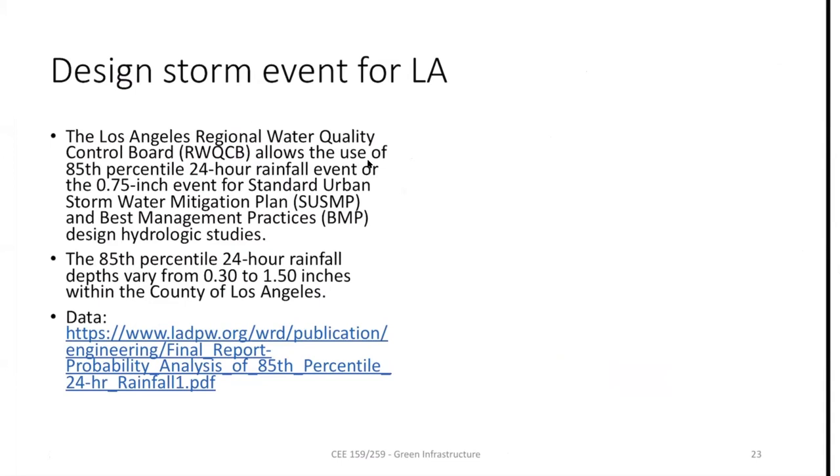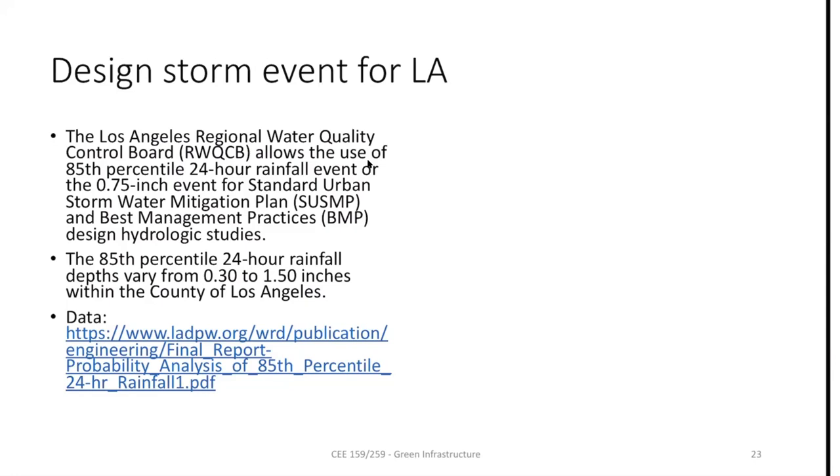For Los Angeles, the 24-hour rainfall events could vary in intensity based on whether they are 100-year events or otherwise. Because it doesn't rain much, it considers 0.75 inch as the standard. So you are assuming 0.75 inch for the entire 24-hour rainfall, then you design all your BMPs to treat this stormwater. So that is the 85th percentile rainfall.